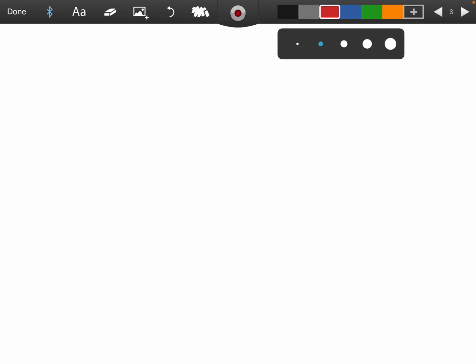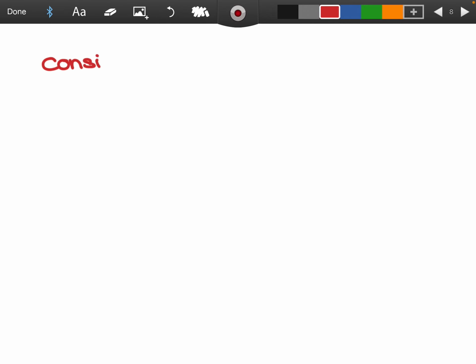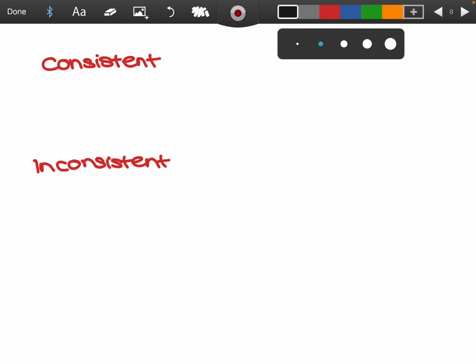2 more definitions I want to go through are consistent and inconsistent. A linear system is consistent if it has at least one solution.